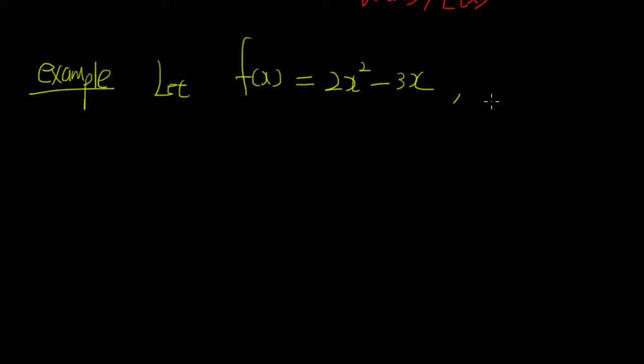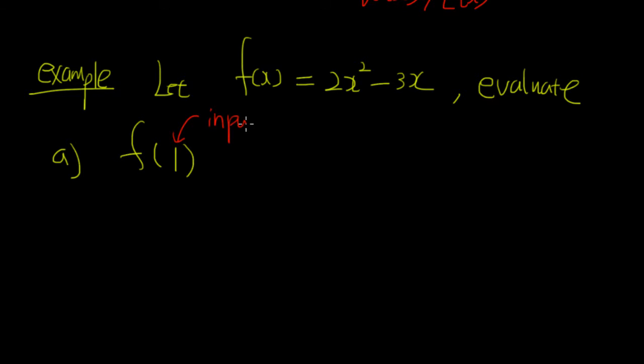Evaluate, let's say the first one is f of 1. Well, what's that supposed to mean? Check out the input value. This is the input value, and the input value is 1.